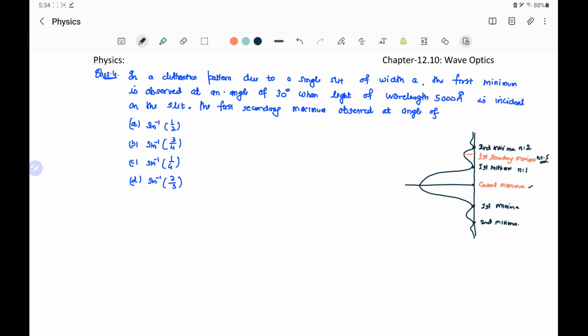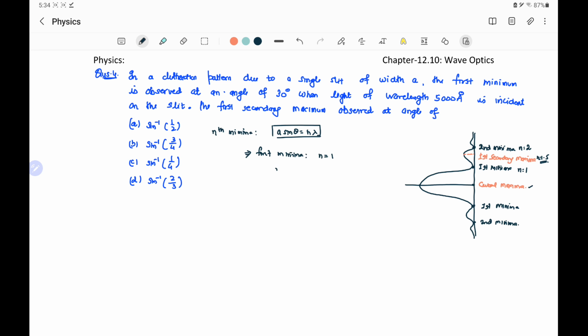So using the condition for the nth minima, which we write as a sine theta equal to n lambda, for the first minima we take n equal to 1.